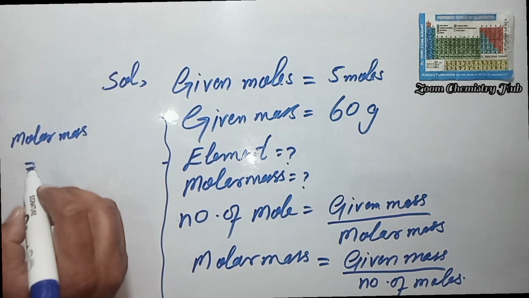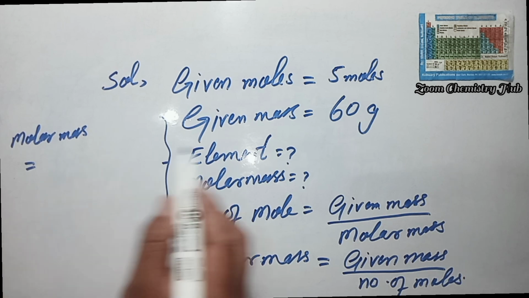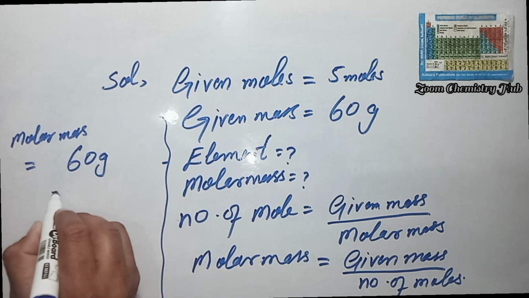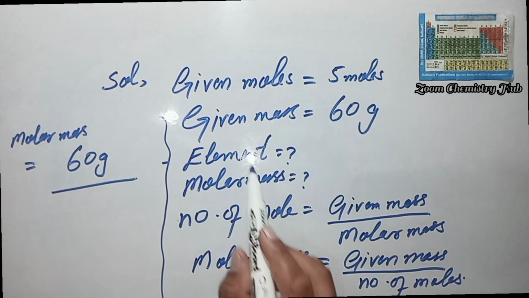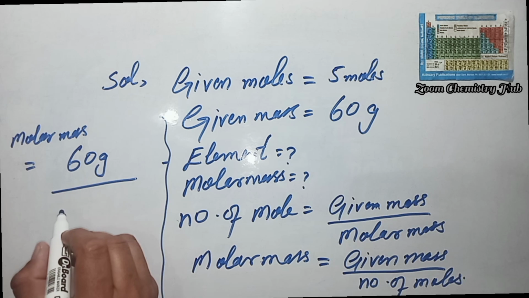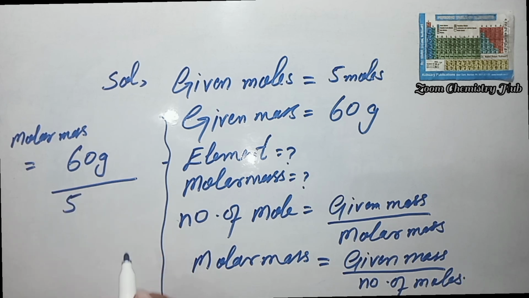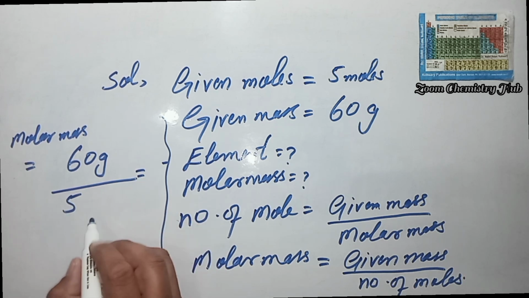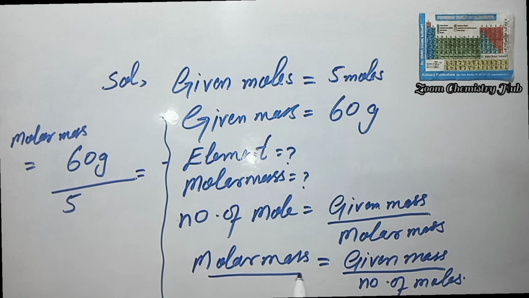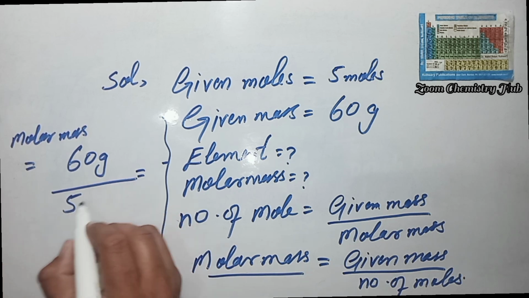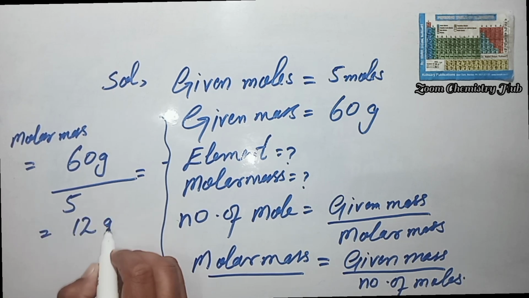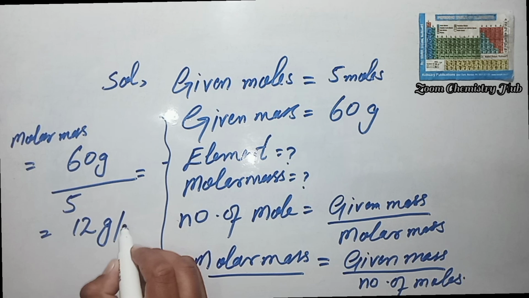So we have to find the molar mass, which is equal to given mass, we have given mass 60 gram, divided by the number of moles, that is 5. After dividing these values we get the molar mass, that is 12 gram per mole.